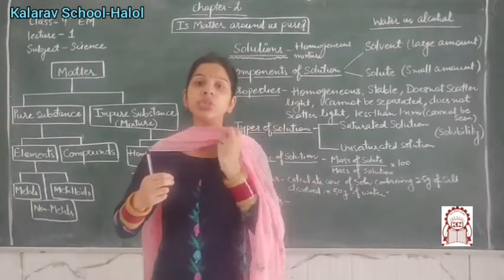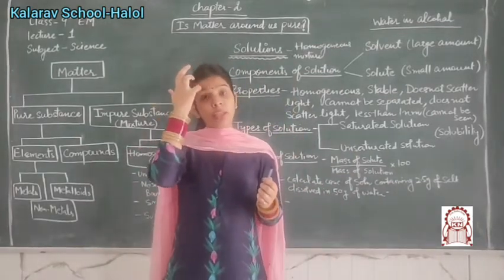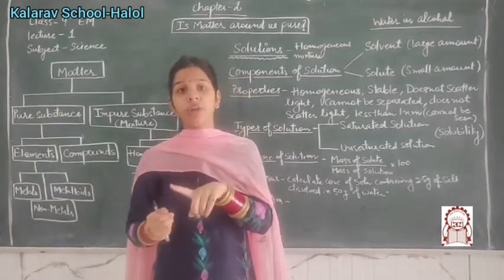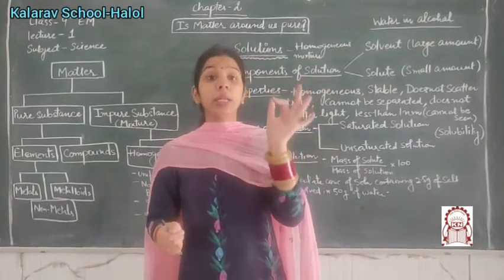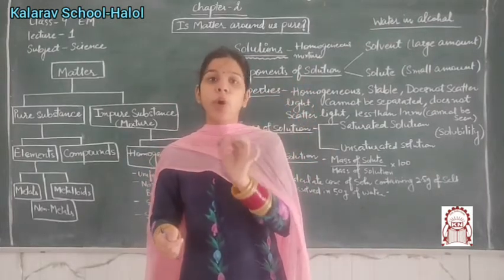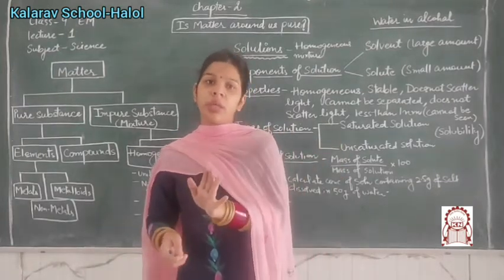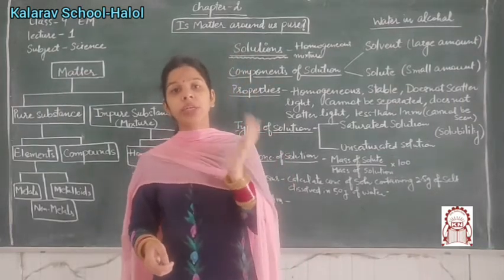A saturated solution is a solution in which no more solute can be dissolved in the solvent at a particular temperature. What does it mean? At a particular temperature, there is a point when we can't dissolve any more solute in the solvent. At that time, that solution is called a saturated solution.